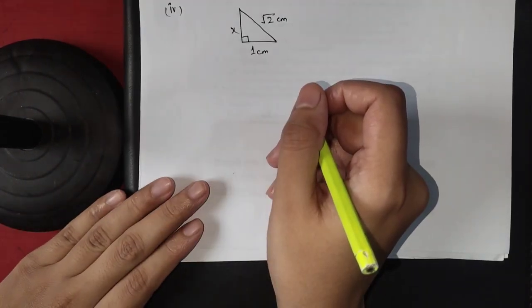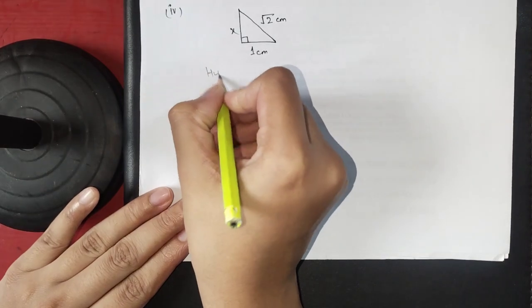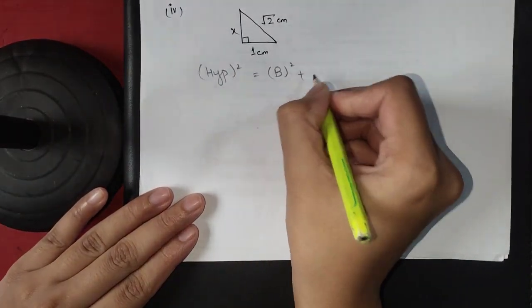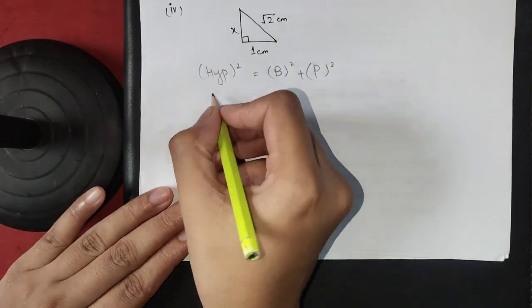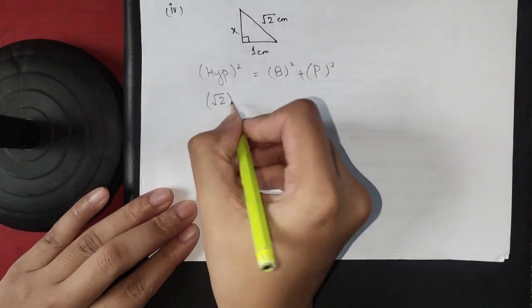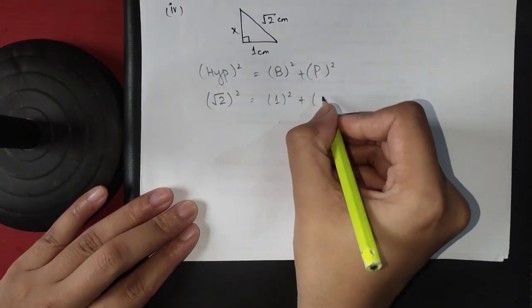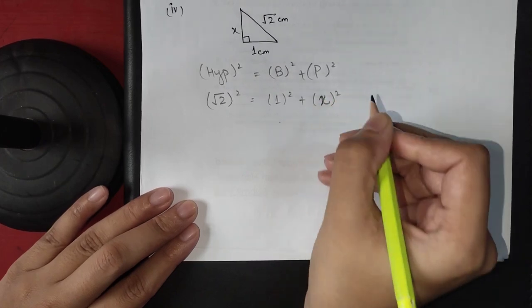Here we have our question number 4, which is this. Applying Pythagoras theorem, hypotenuse square is equal to base square plus perpendicular square. Hypotenuse is this side, value is square root 2 squared, base is this 1 square, plus perpendicular is unknown x square.